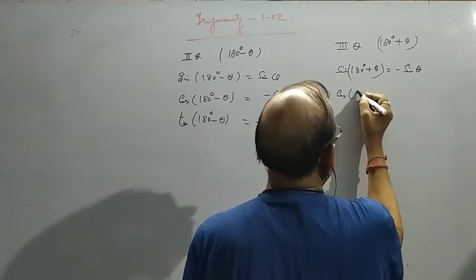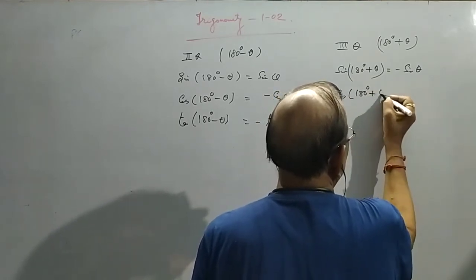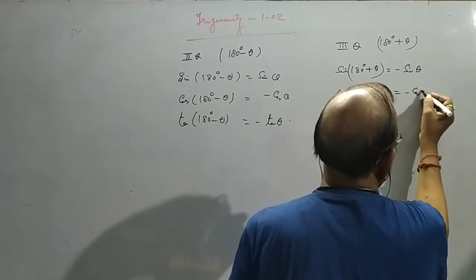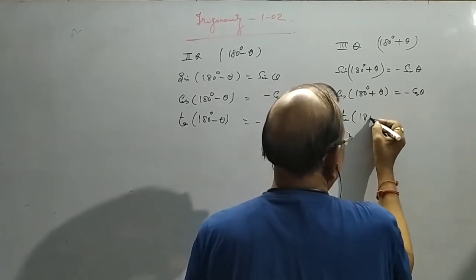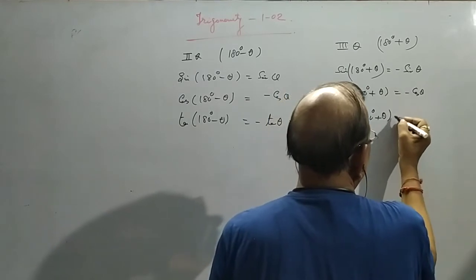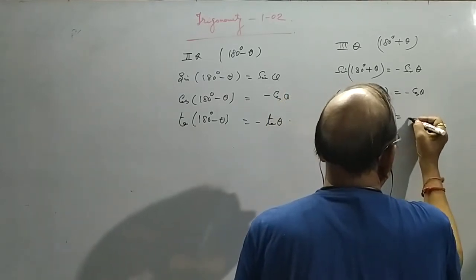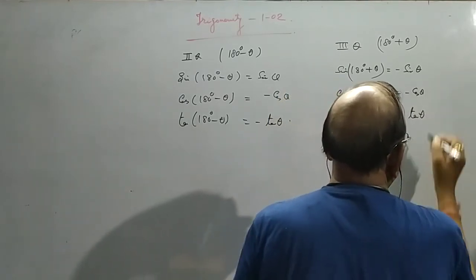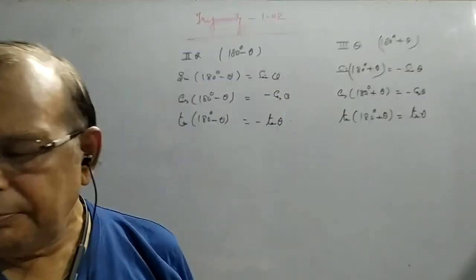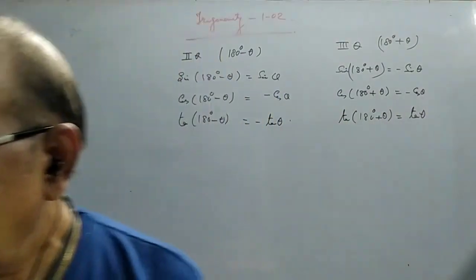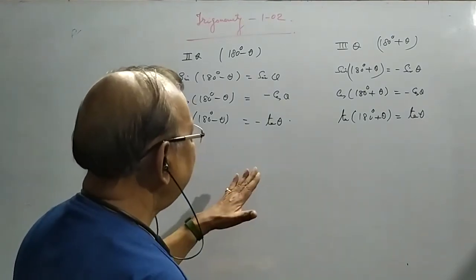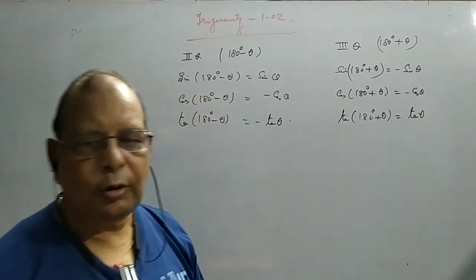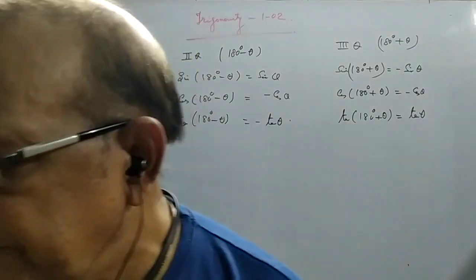Cos will also be negative, therefore that will be minus cos theta. Tan 180 degree plus theta will be tan theta. Now I have considered only three principal trigonometrical ratios: sin, cos, tan. Reciprocal may be taken accordingly.